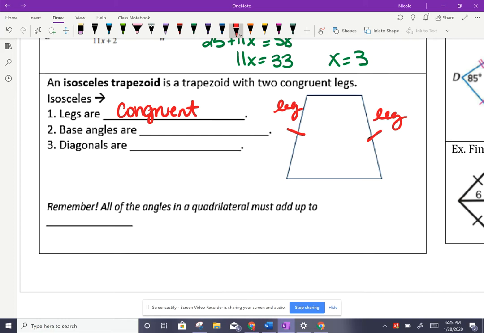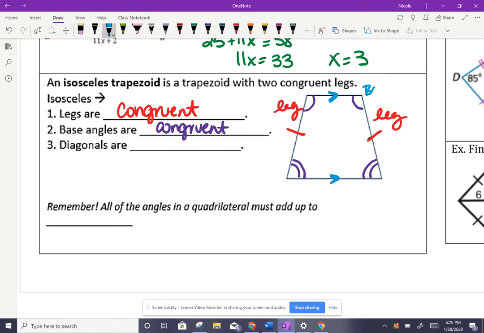Also, our base angles are congruent. When I say base angles, I mean the angles that are using the same base. So this angle down here is using the same base as this angle, so these two are congruent, and the top base angles are congruent. Now remember, in trapezoids the two bases are parallel. So this base and this base are parallel.